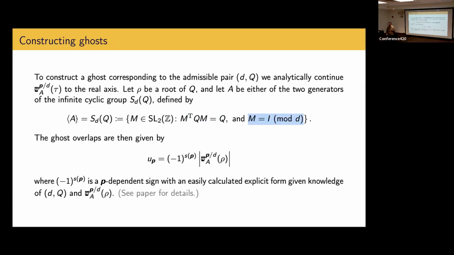If I pick a generator of this group, that's A. And if I pick a root of this quadratic form, so I take that quadratic form, which is like A, B, C, and I take (B minus the square root of B squared minus 4AC) over 2A, that's some root of this quadratic equation. Then that's how I get this object. I can just compute it. And this thing I'm not being explicit about, but we have an explicit and easy to calculate formula in the paper. It's kind of messy, but it's straightforward. That's it. That's the formula for these things.